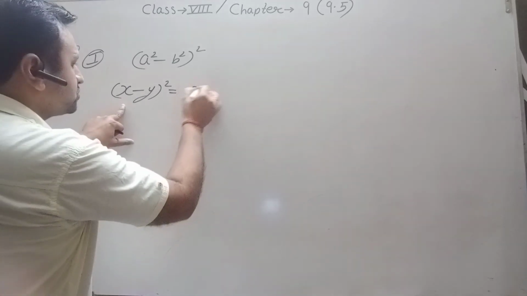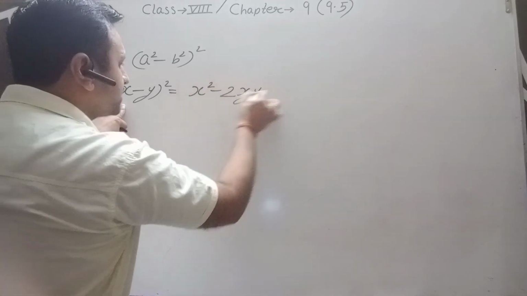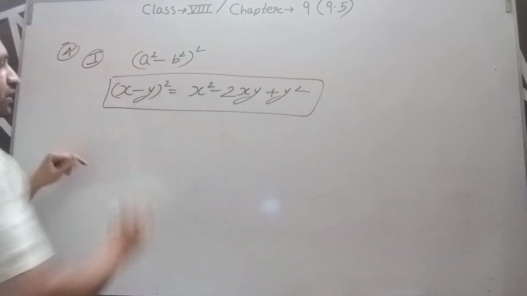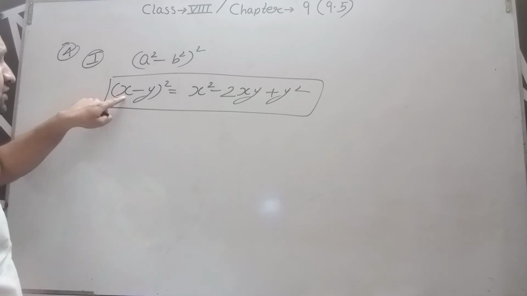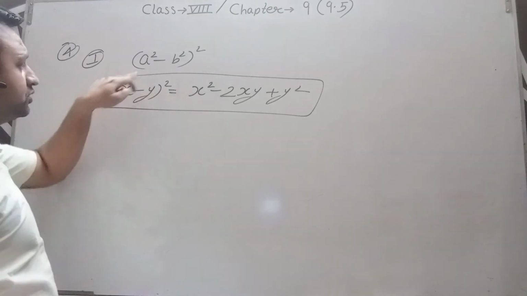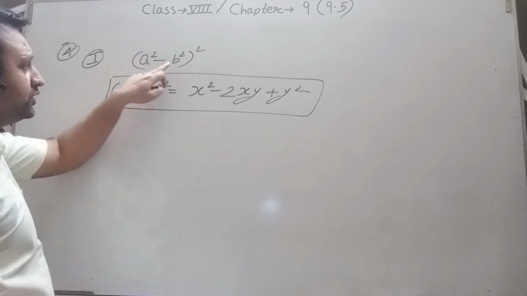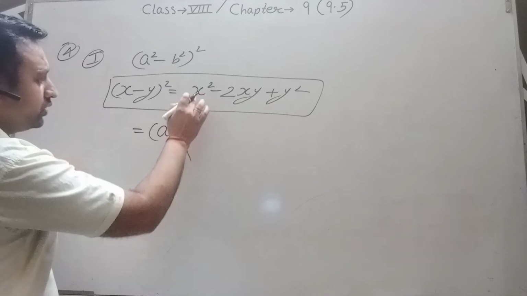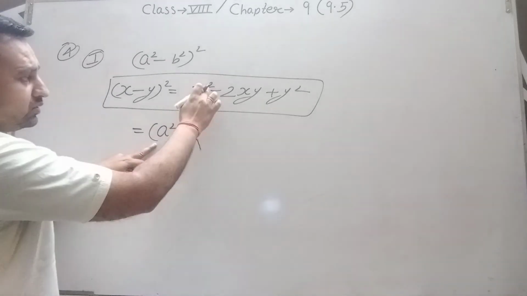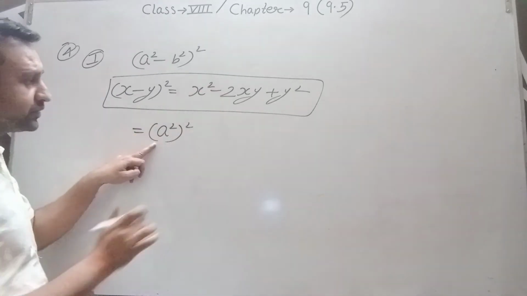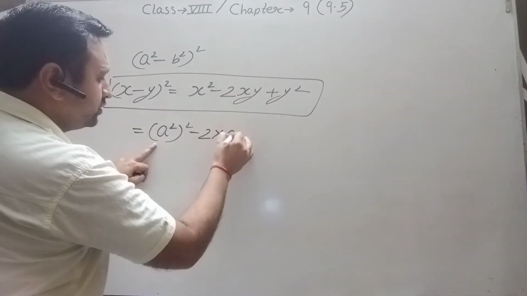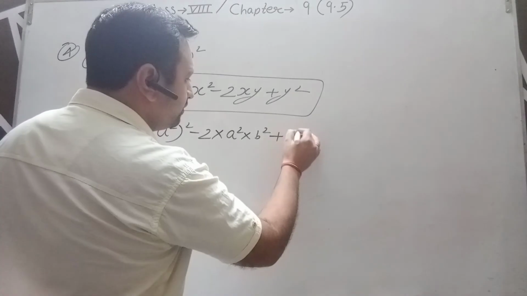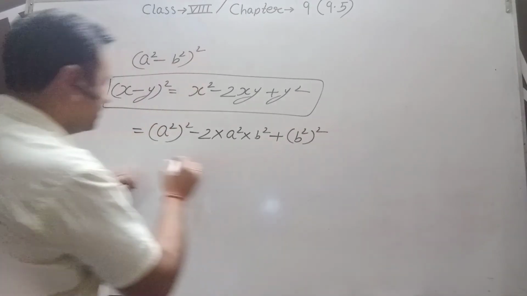(x minus y) whole square is equal to x square minus 2xy plus y square, and note down the entity in a box. After comparing, in place of x we note down a square, and in place of y we note down b square. So (a square) whole square, the value of x is a square, the outer whole square remains the same, minus 2 multiply a square multiply b square, plus (b square) whole square.